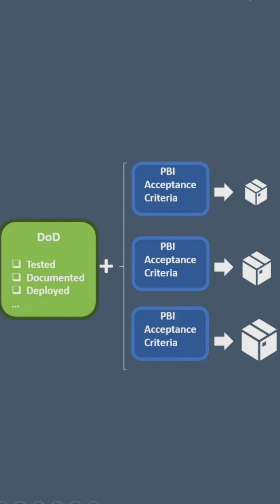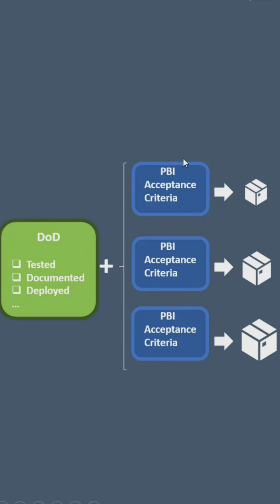So here's where sometimes people get a little bit confused, because when we talk about the DoD providing transparency to the increment, it's absolutely true, because any PBI that we've built must have conformed to the definition of done, if we've called it done. So the increment is made transparent in terms of it being done by that definition of done. Now, this doesn't mean, though, that the DoD only applies to the increment. It actually applies to each PBI.